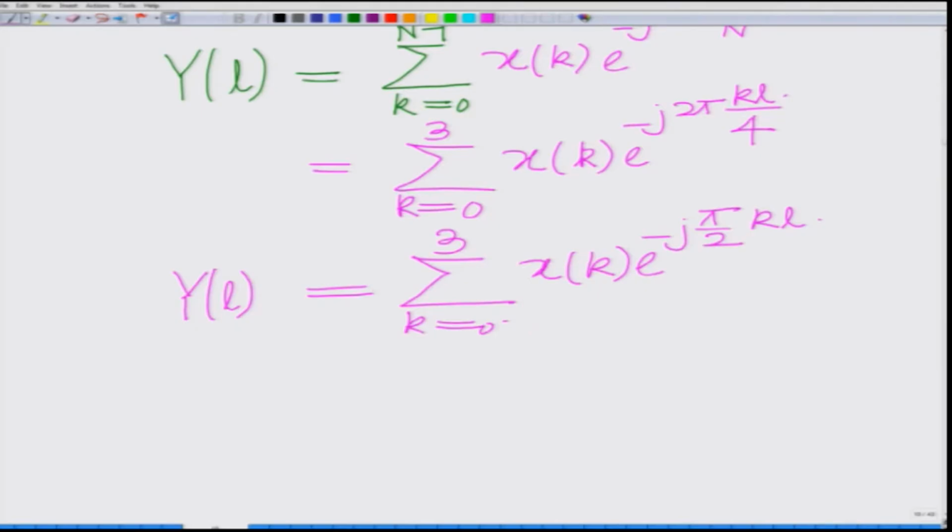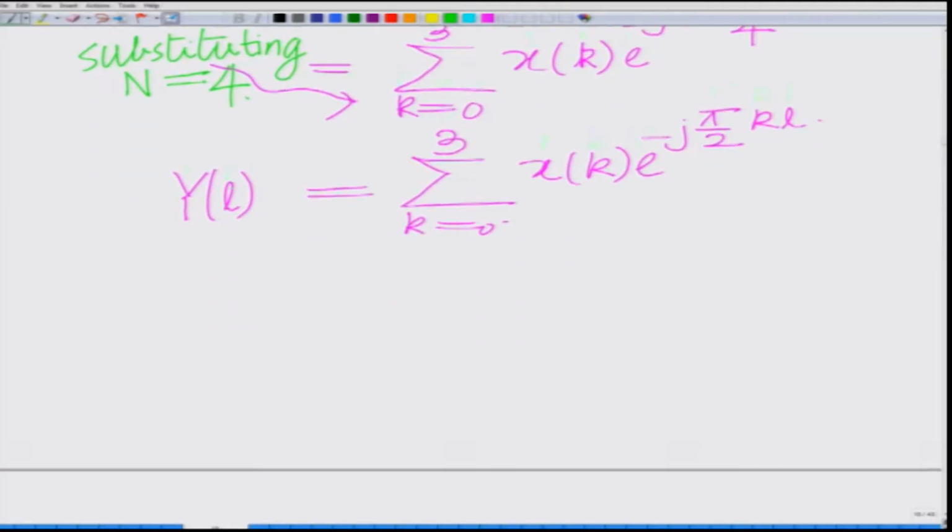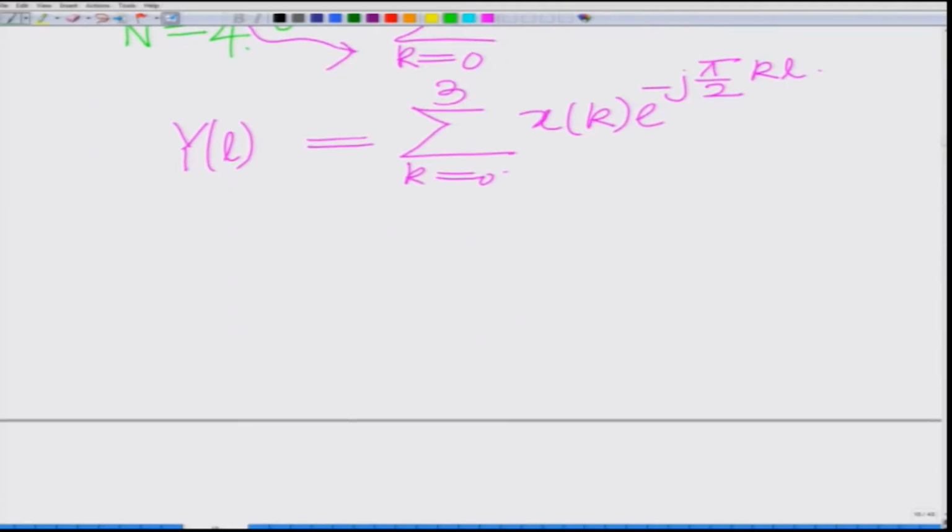So, basically what we are doing here is substituting n equal to 4. Capital Y L, the received symbol across subcarrier L in the FFT domain, is now given by the n equal to 4 point FFT, or fast Fourier transform, or DFT, discrete Fourier transform, of the received output samples y0, y1, y2, y3.